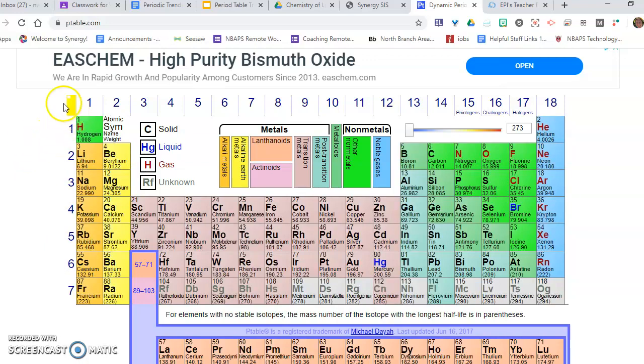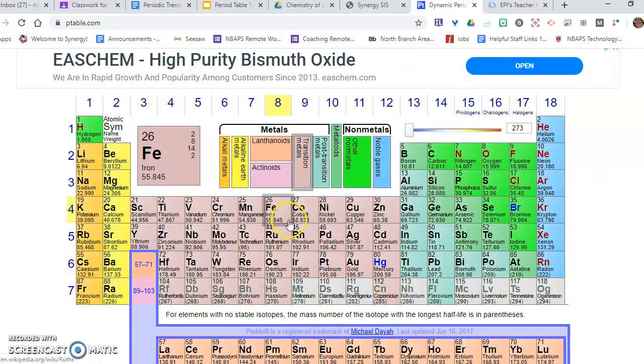Okay? So your group 1, your alkali metals, are going to react similarly because they all have one valence electron. Group 2 has 2. We skip the transition metals because they're different.